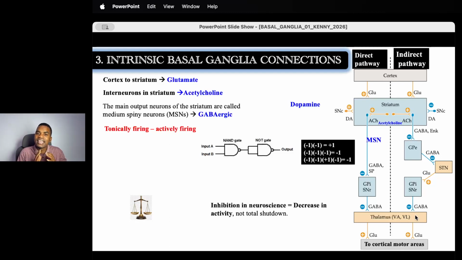So the thalamus is even inhibited more with the presence of the subthalamic nucleus, because this is excitatory neurotransmission, and it excites these two nuclei to inhibit.